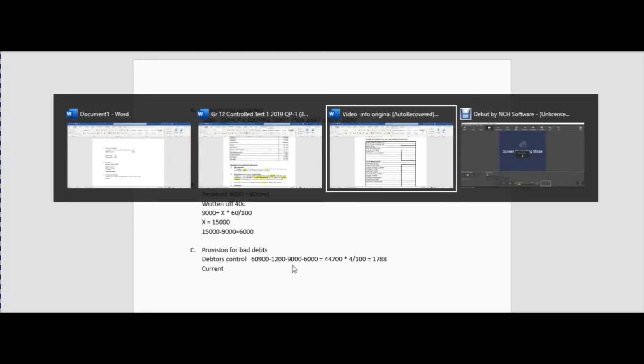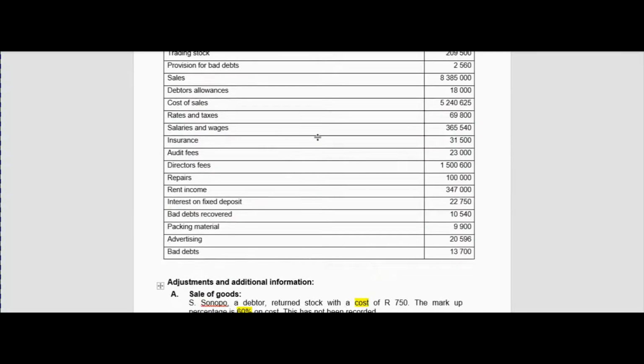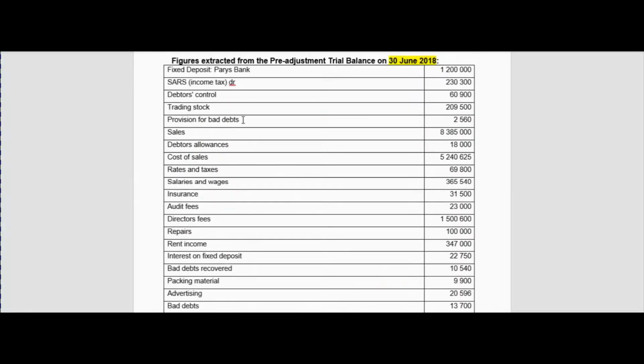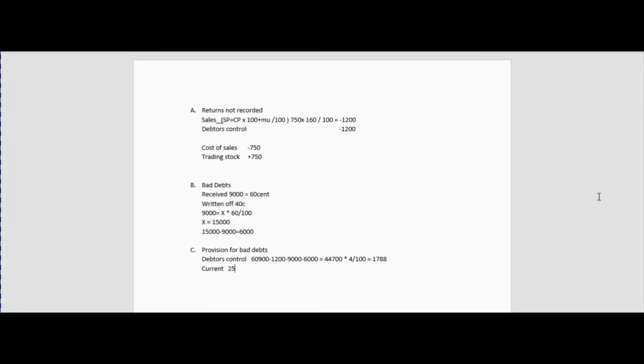To find out what the current figure is, I must go back to the trial balance. Go and look for provision for bad debt. There it is. It's 2,560. But that is not what it should be, because it should now be the new figure of 1,788 that I calculated.